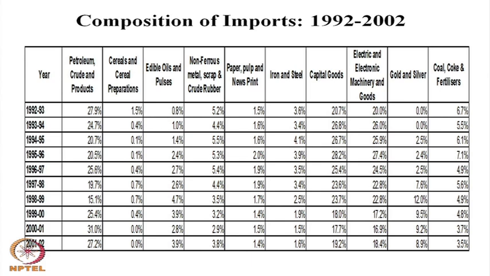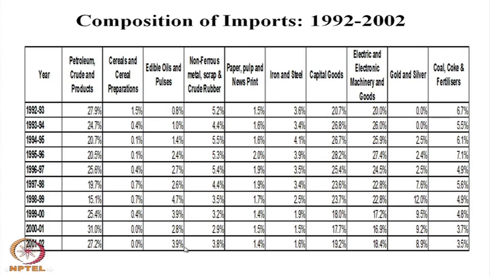After the economic liberalization, from 1992 till now, the significant part of our import is crude oil import. The crude oil import almost remains stagnant at 30%. Similarly, our consumption good imports, particularly cereals, edible oil, pulses, are part of our import basket.